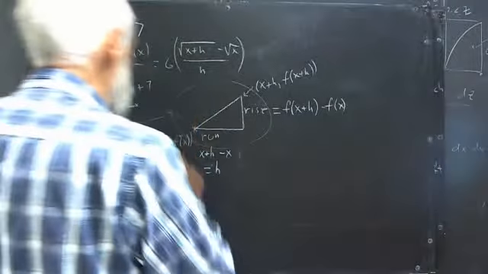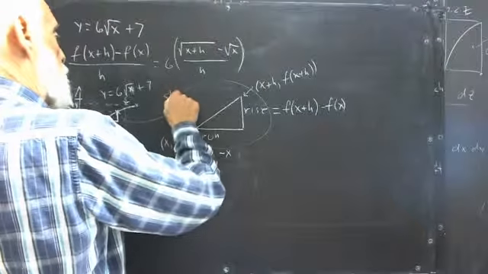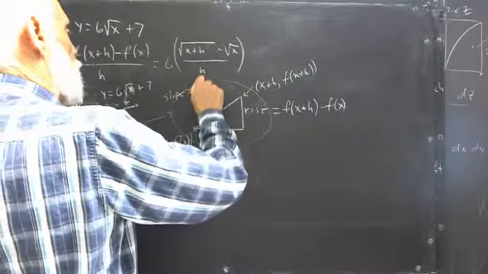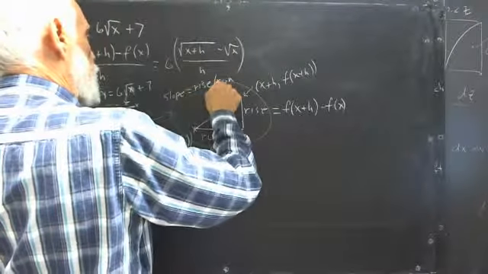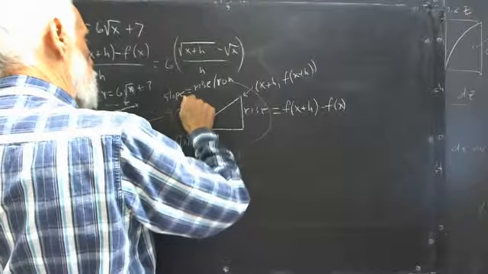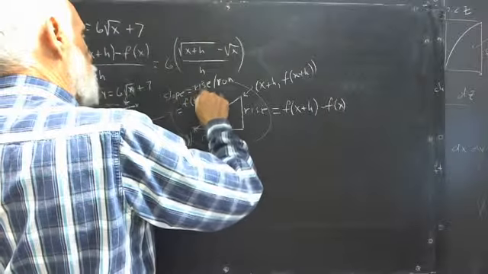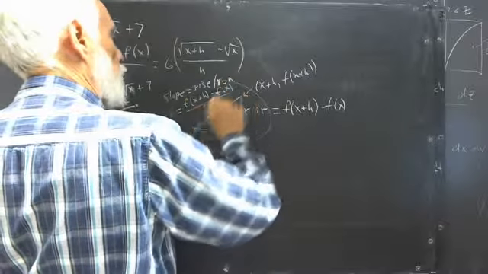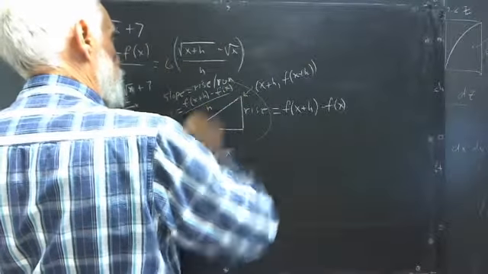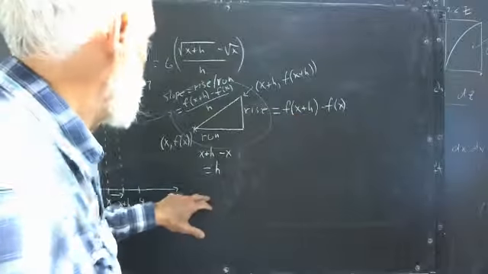Okay, so the slope is rise over run. And what's that equal to? That's equal to f of x plus h minus f of x over h. This divided by this.